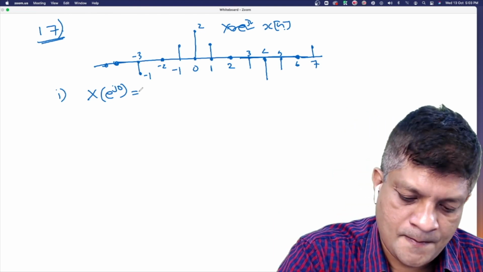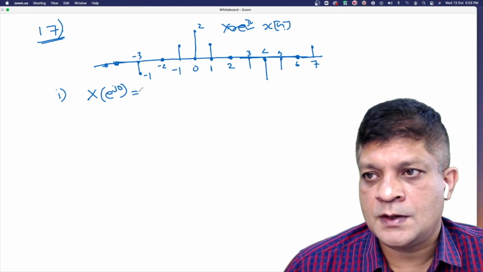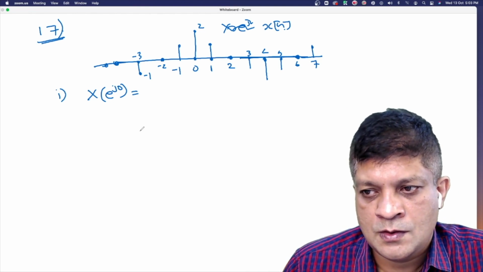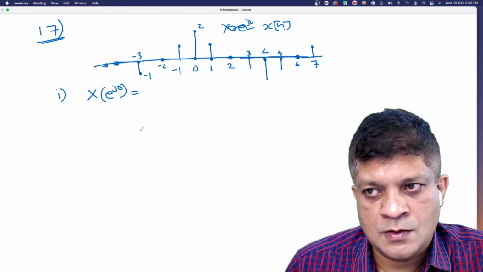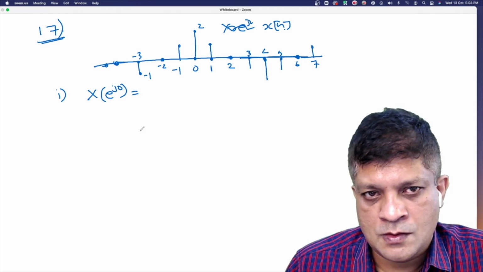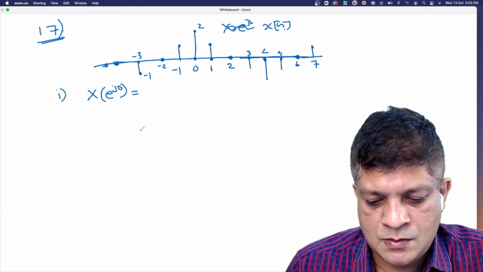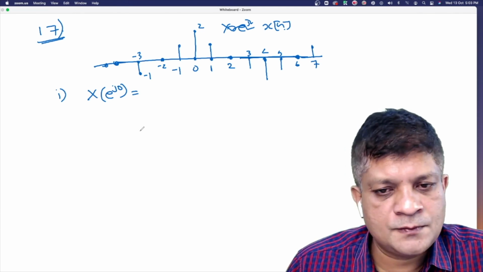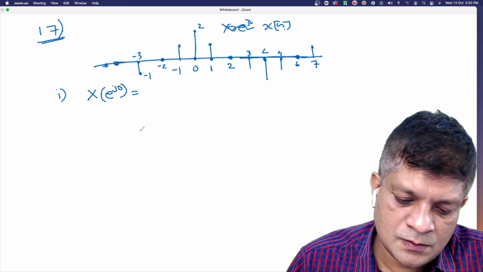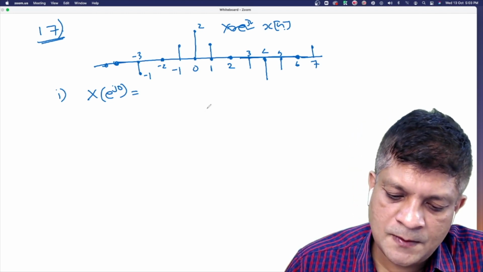But what is X(e^{j0})? I think we have solved similar questions. It is related to x[n].